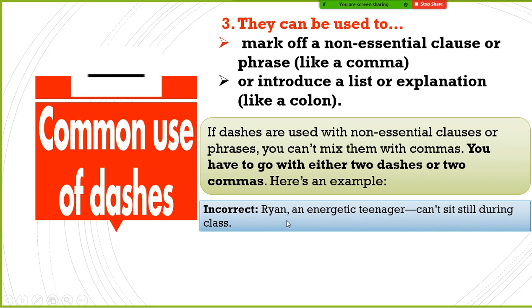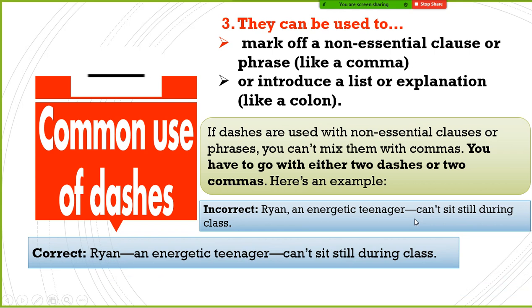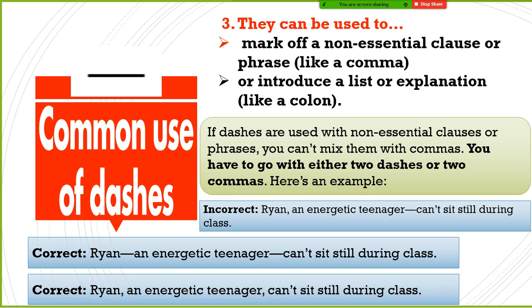This is incorrect because he used two punctuation marks together, comma with dashes. Choose one of them: use the two dashes or use the commas. He put the two dashes here because this is an interrupting part, so between the dashes is an unessential part. You can erase and omit it.